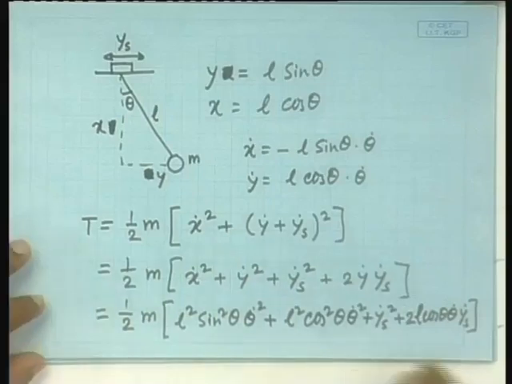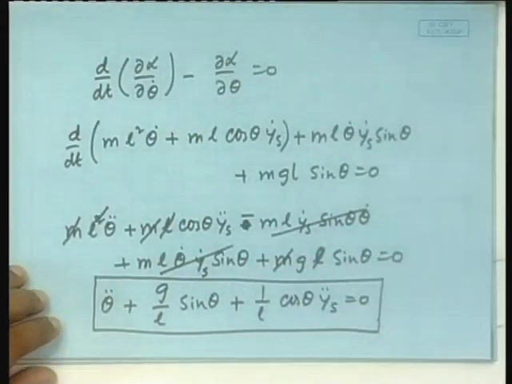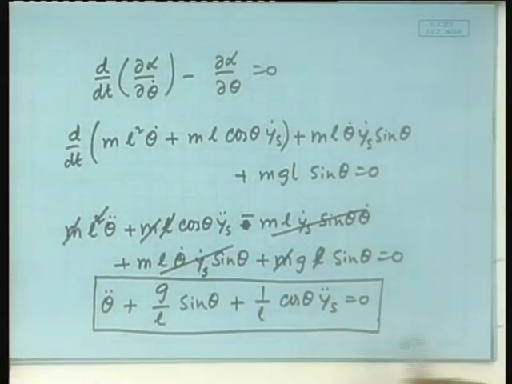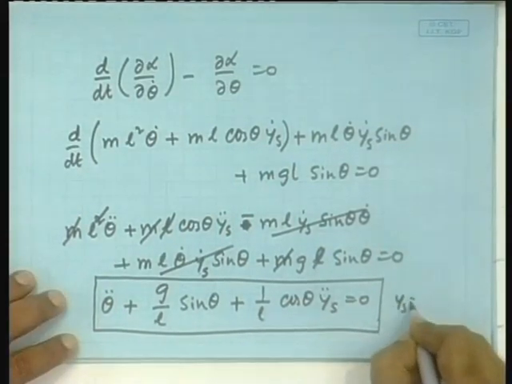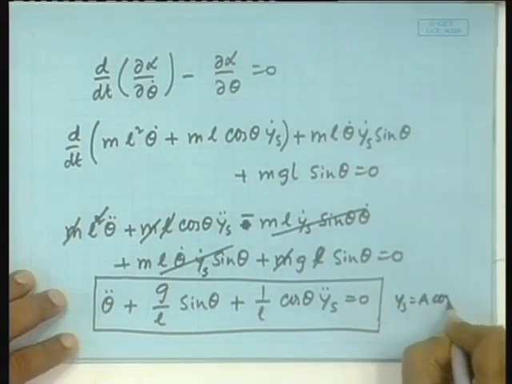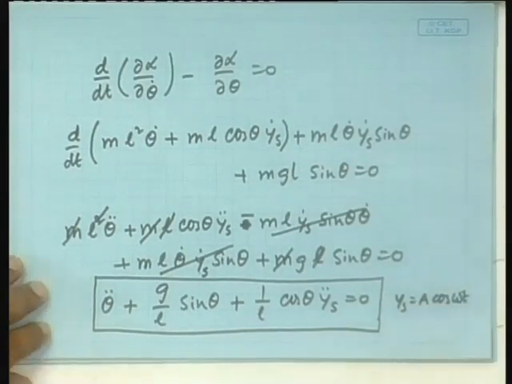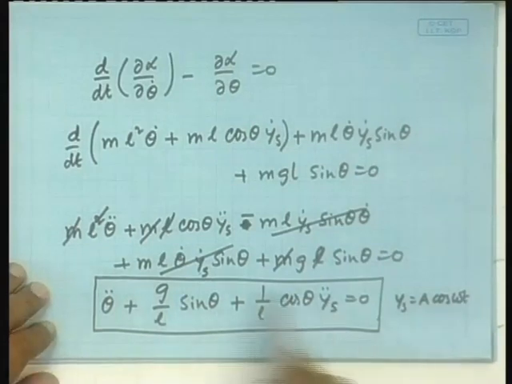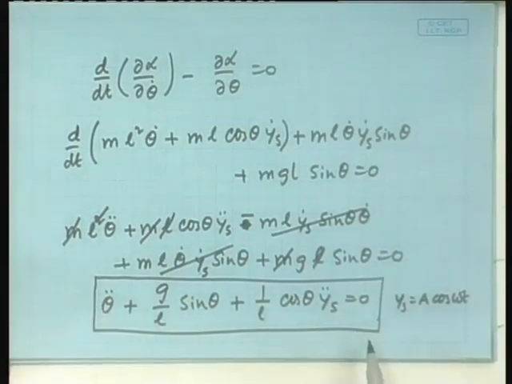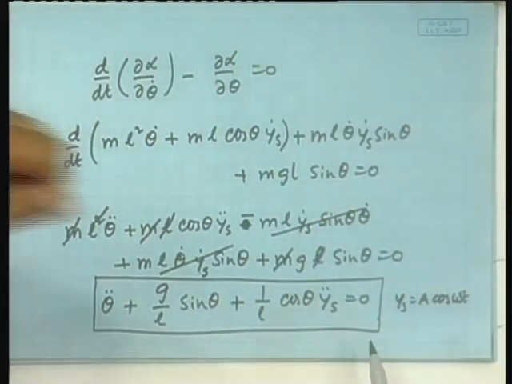Fine. So in this case, as I told you, in case ys is a sinusoidal function, say ys is equal to a cos omega t, can you see? In that case, what is the equation? Write down yourself, because the most logical way of moving this fellow would be a sinusoidal oscillation.